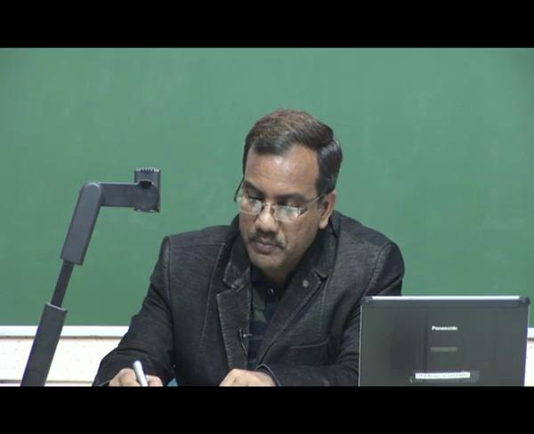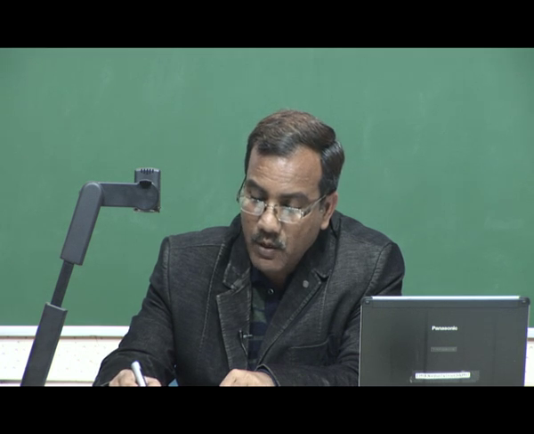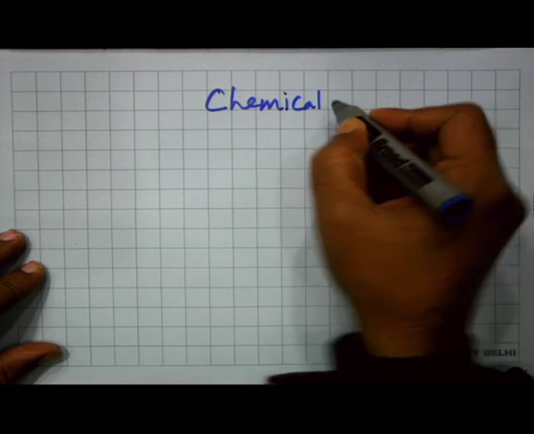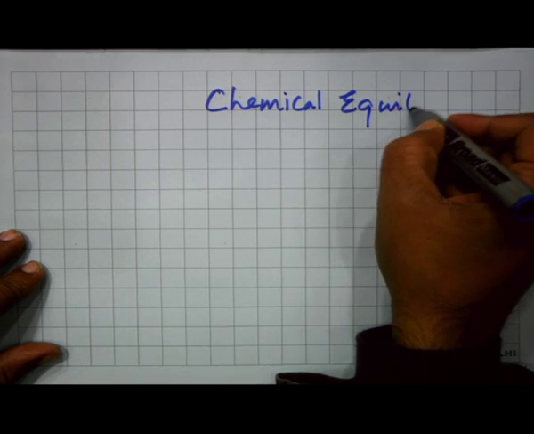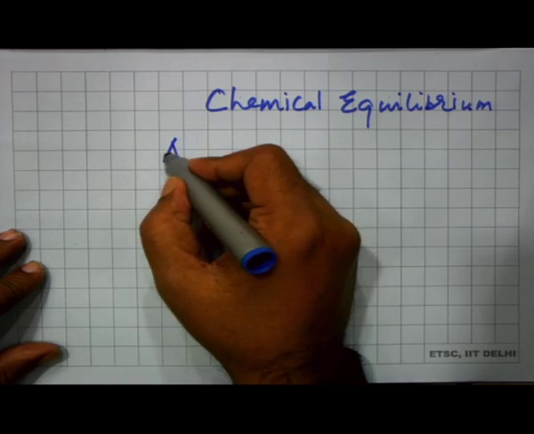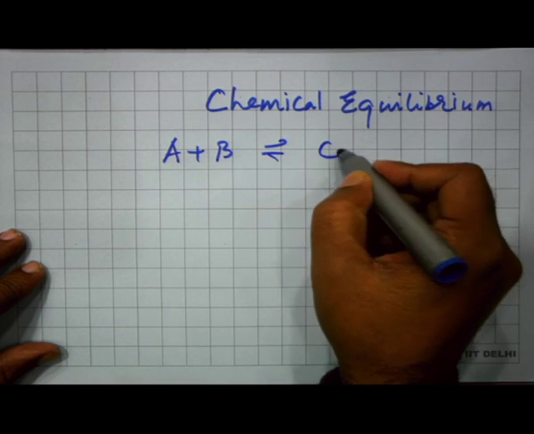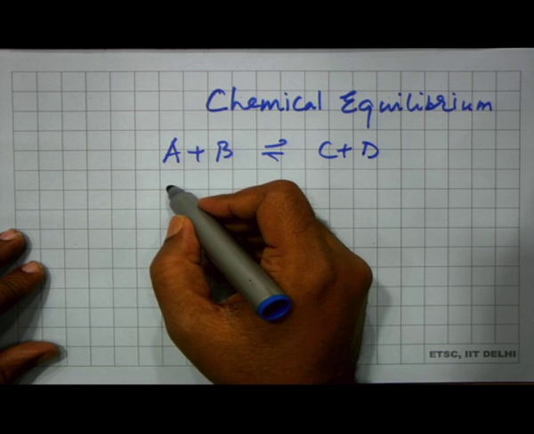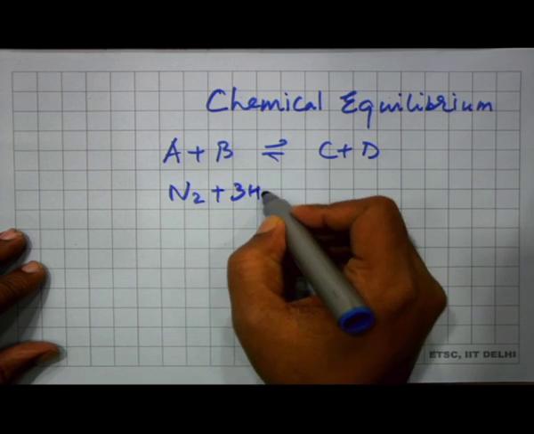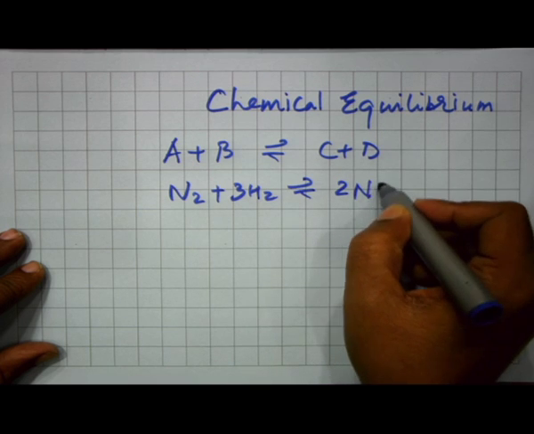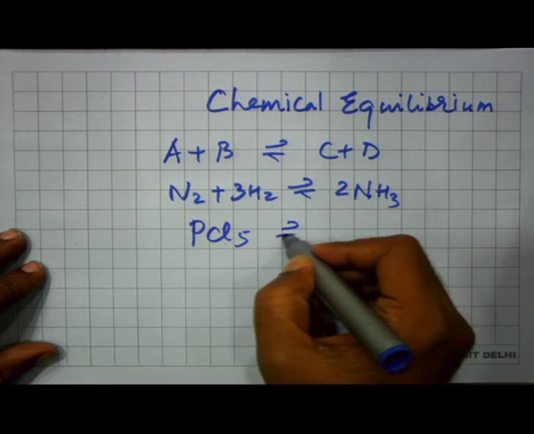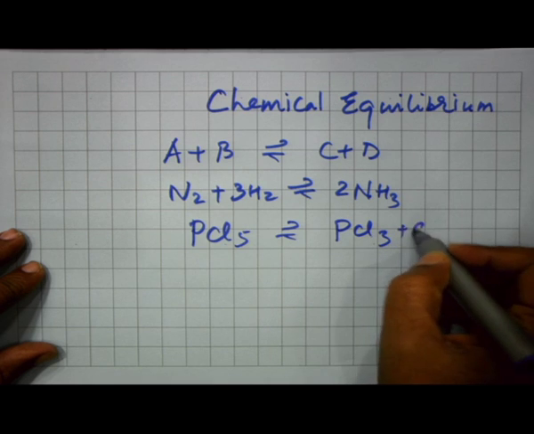Now, chemical equilibrium. Till now we have discussed physical equilibrium. Now, we can discuss chemical equilibrium. You can take any chemical reaction, A plus B going to C plus D. For example, formation of ammonia, N2 plus 3H2 giving you 2NH3. You can look at dissociation of PCl5 into PCl3 plus Cl2.